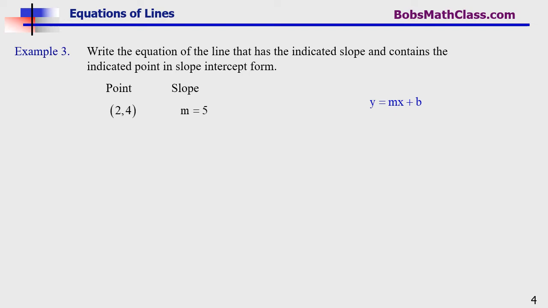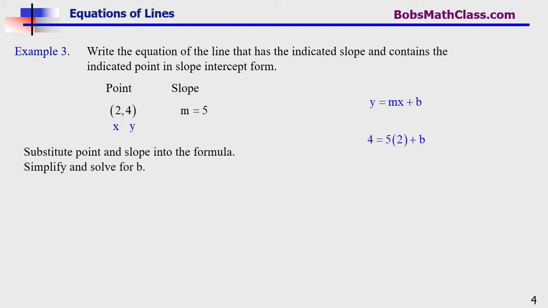On a line, there's an infinite amount of points. We're just going to need this one, (2, 4). The 2 represents x, and the 4 represents y. So replace those letters with the numbers we have. So replace x with 2, y with 4, and m with 5, and we're going to solve for b.